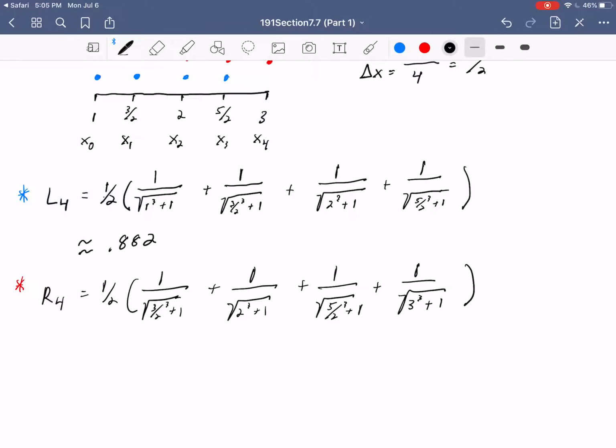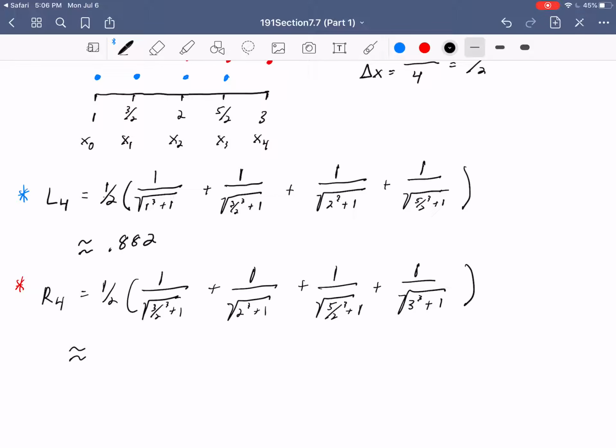All right, if we do that approximation, we should get something close to, but of course not the same as what we got before. So we have 1 divided by the square root of 27 divided by 8 plus 1, plus 1 divided by the square root of 8 plus 1, plus 1 divided by the square root of 125 divided by 8 plus 1, plus 1 divided by the square root of 27 plus 1, and then times 0.5.